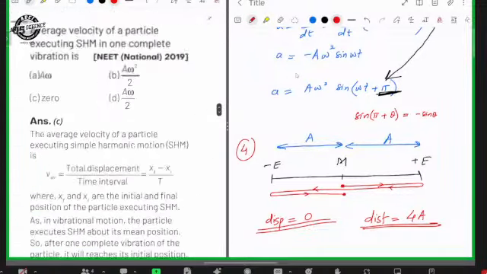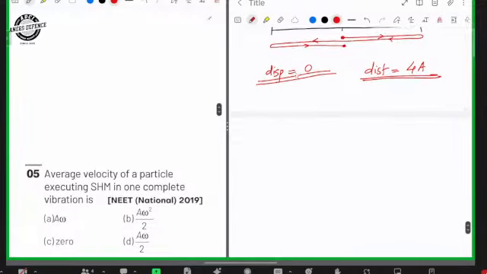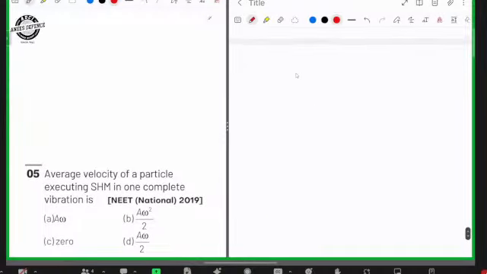Okay, sir. Next: the average velocity of the particle executing SHM in one complete vibration is. Now, average velocity. What is the formula for average velocity? Option B? No, not option B. Option C, 0. The formula for average velocity is total displacement upon total time.